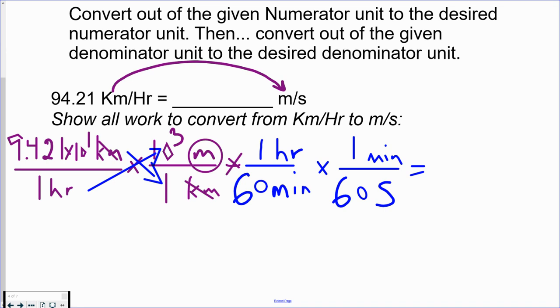So you're going to get out your calculator, and I'm going to plug in 9.421. You can multiply that by 10 times 1,000. And then we're going to divide it by 60 and divide it by 60 again. I'm going to write it in scientific notation.